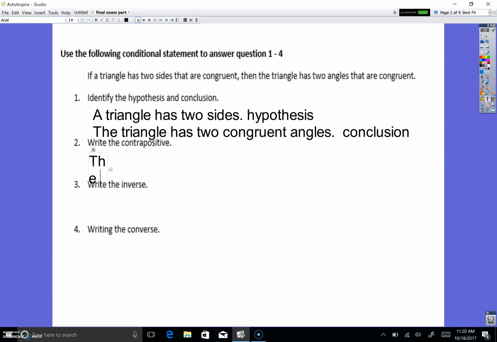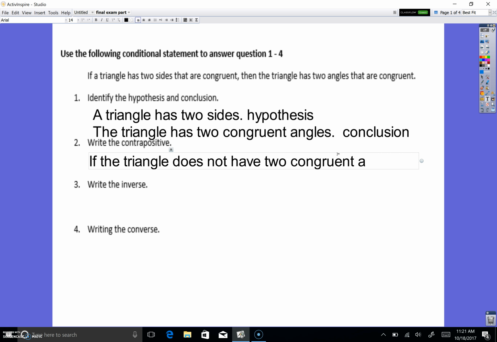So, if the triangle does not have two congruent angles, then it does not have two congruent sides. I'm sorry, I forgot the word if.